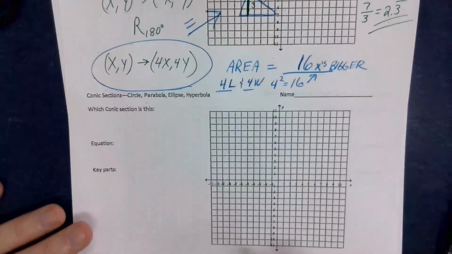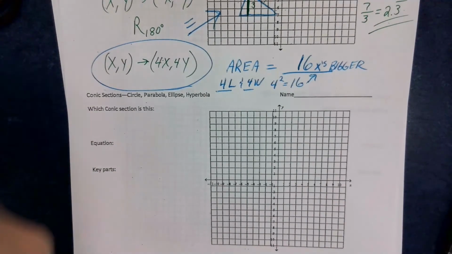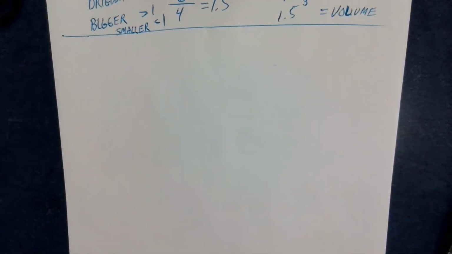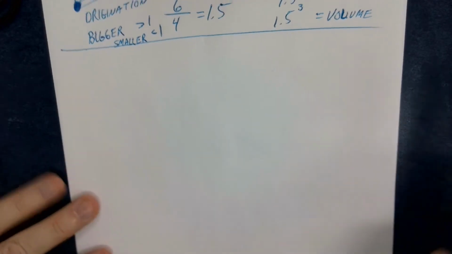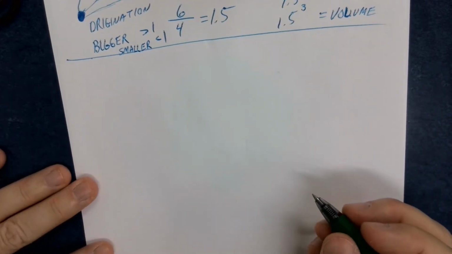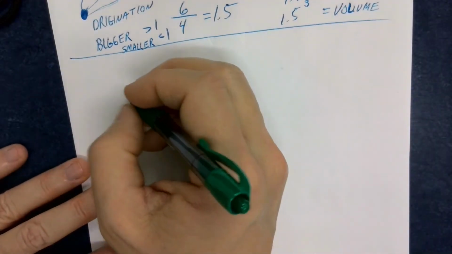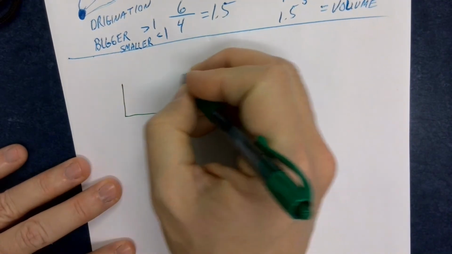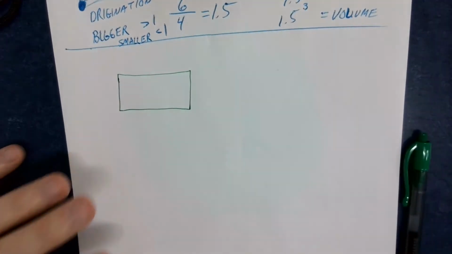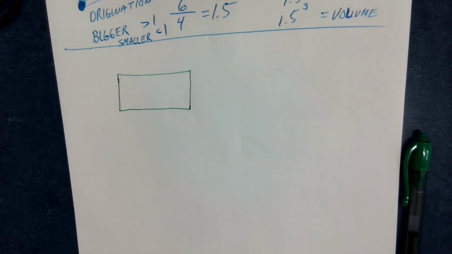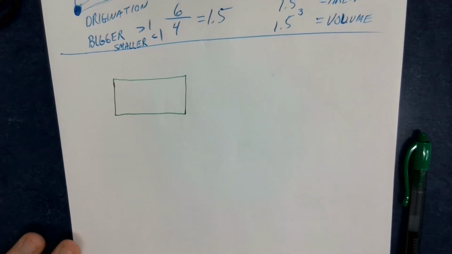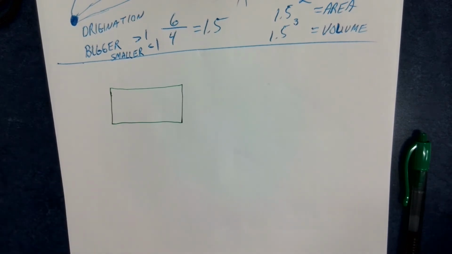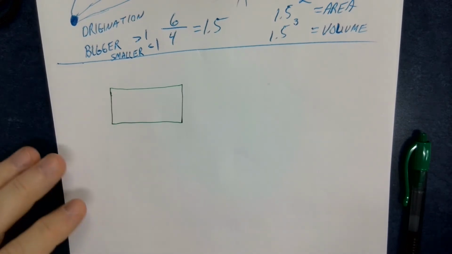Okay, so what else we got in here? We had this little section, and I know that we didn't cover it much in class, but let's see what we got here. Let's say we got a shape that looks like this, and I said, hey, does this have any symmetry? And your answer would be, it's supposed to.